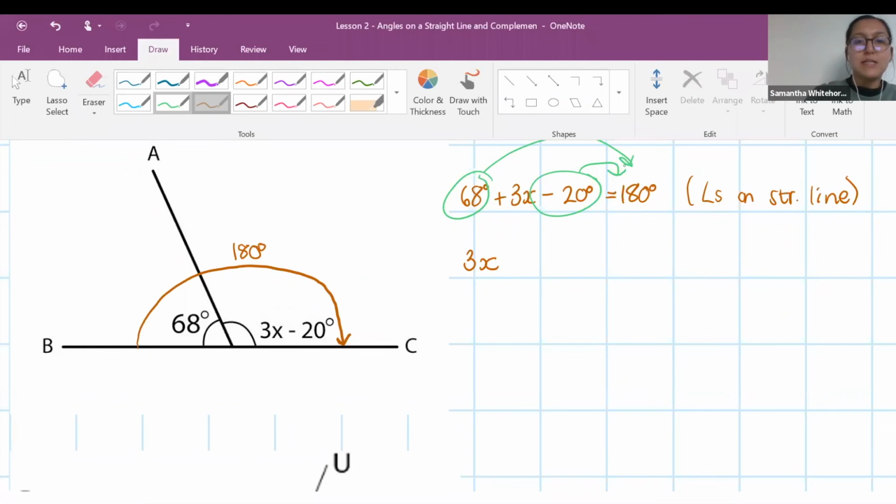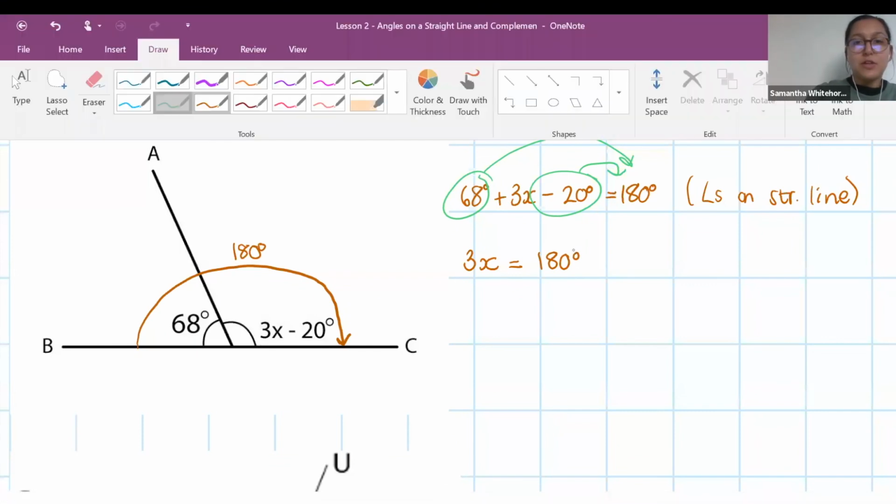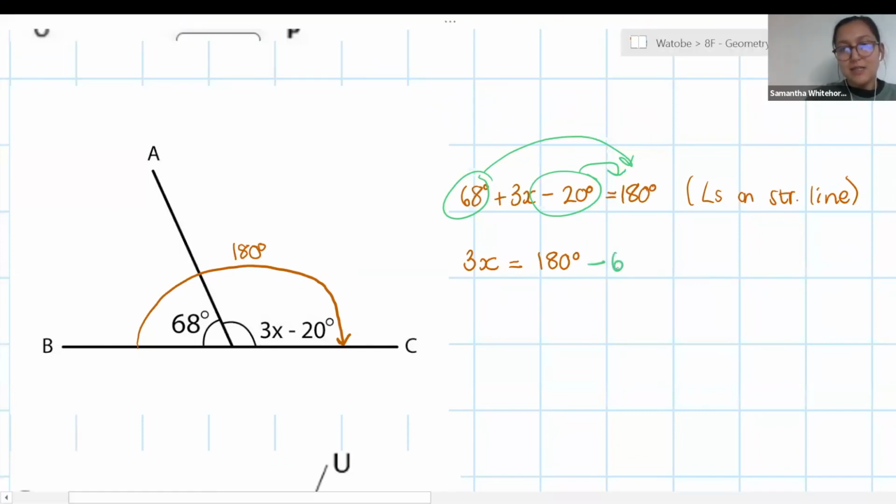So what that means is I will have 3x is equal to 180, but now using my inverse operations, I need to subtract 68 and add 20. Now I'm adding 20 because it was a negative. I have to do the opposite, and I have to plus 20. Okay, so when I say 180 minus 68 plus 20, I get an answer of 132.